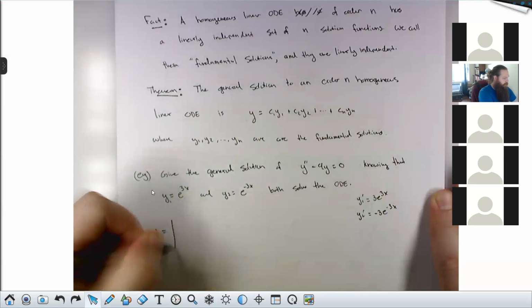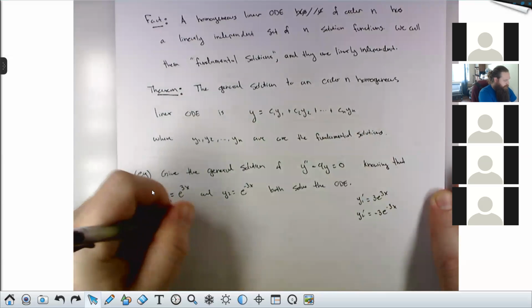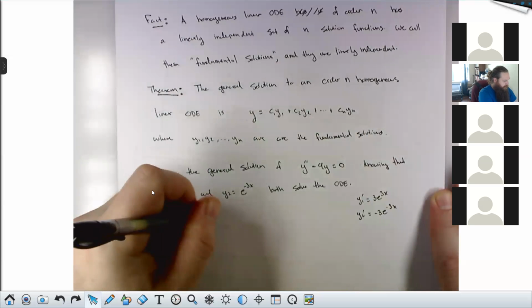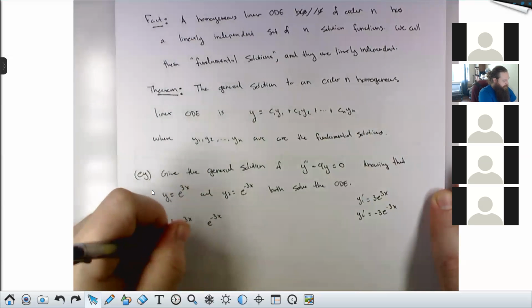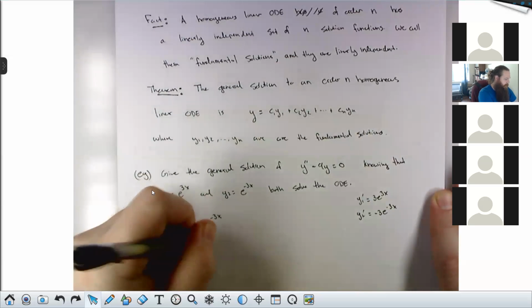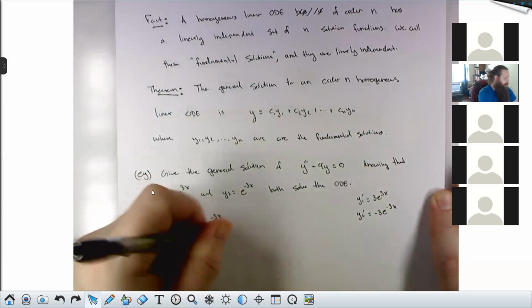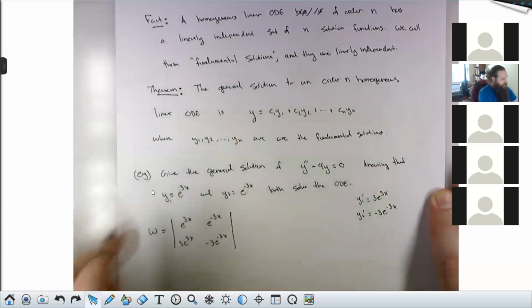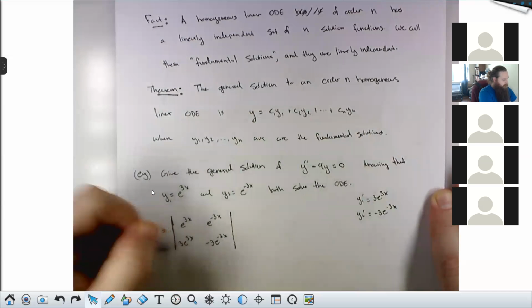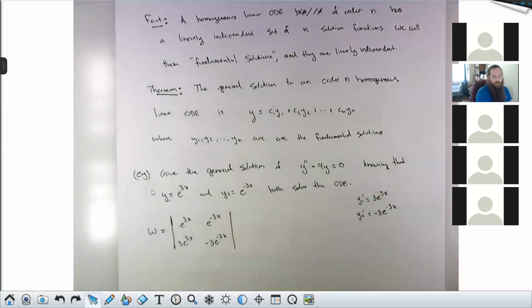So my Wronskian is e to the 3x, e to the negative 3x, 3e to the 3x, negative 3e to the negative 3x. And as long as this is not identically 0, then I can say, yay, these are linearly independent. Therefore, the fundamental solutions, and hence the general solution, is just a linear combination of the 2.